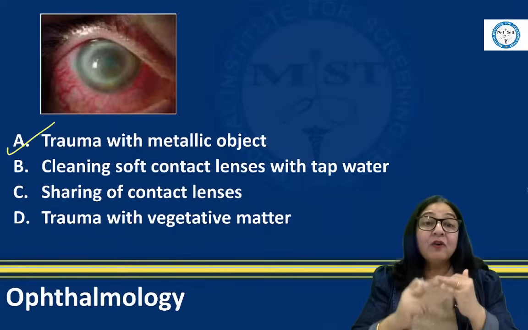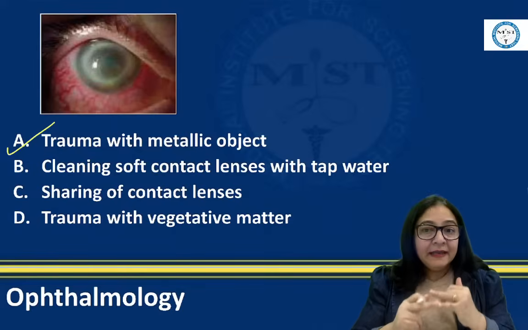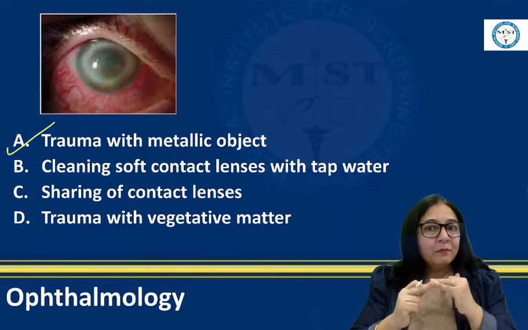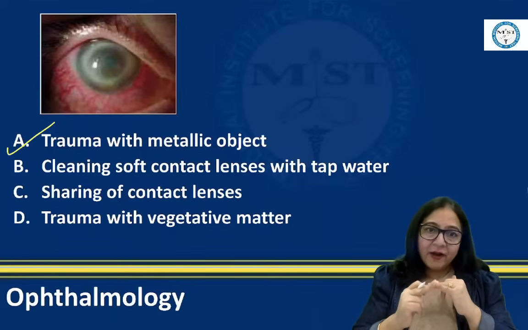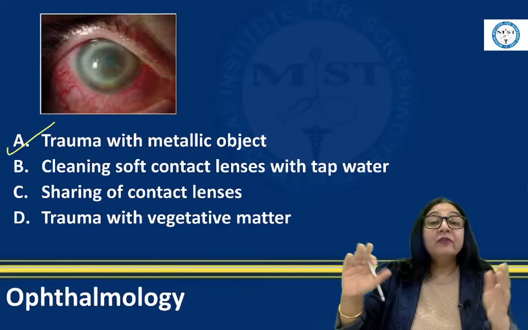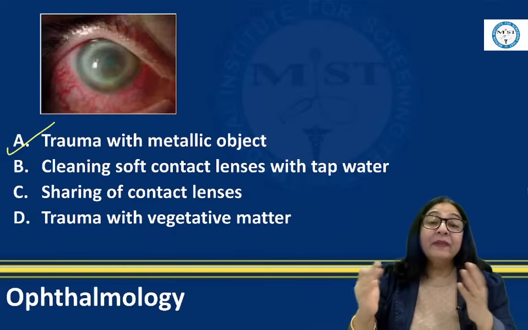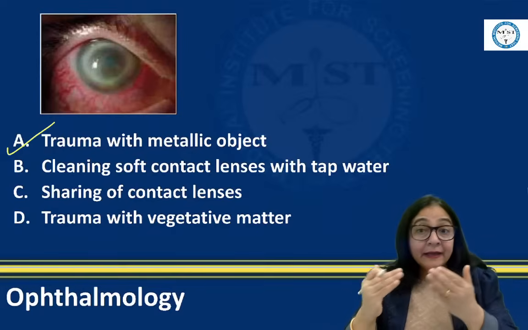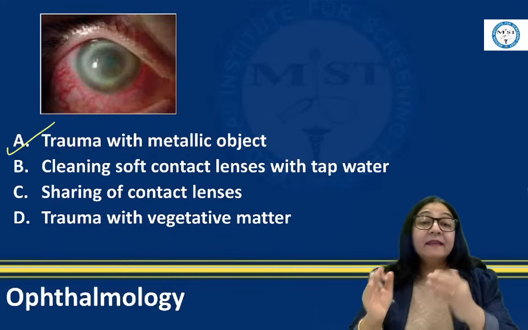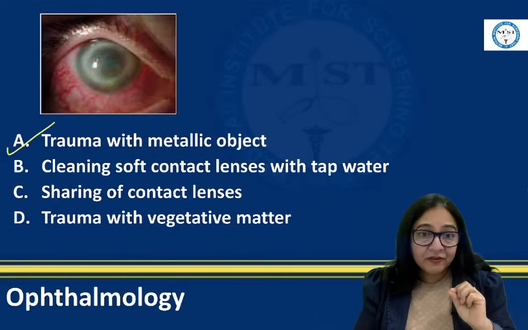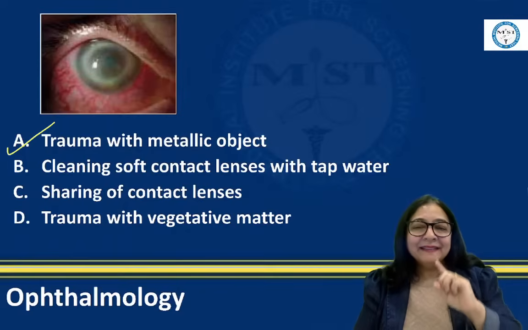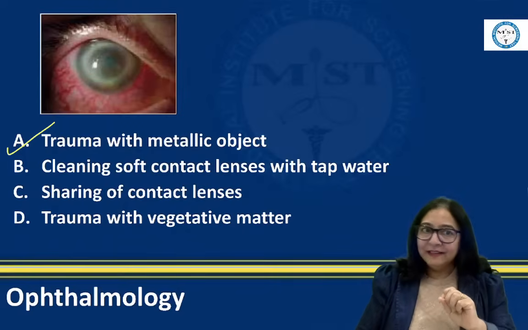But yes, soft contact lens use in an improper manner is the most important risk factor for acanthamoeba keratitis. And how will we differentiate whether it is acanthamoeba or fungal keratitis, if there is a history of vegetative matter trauma? It will be by the clinical signs of the corneal ulcer.